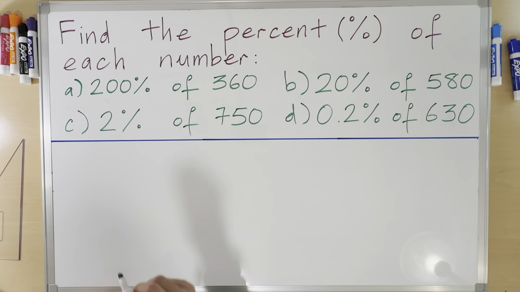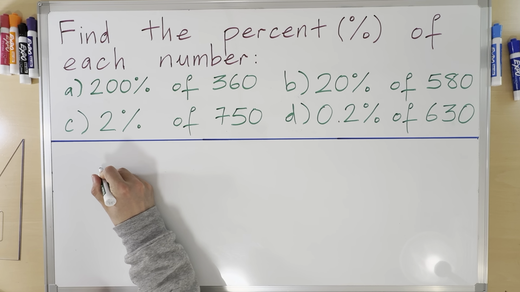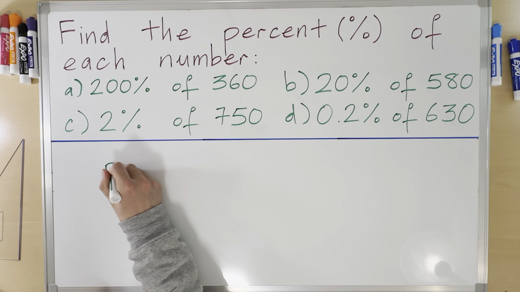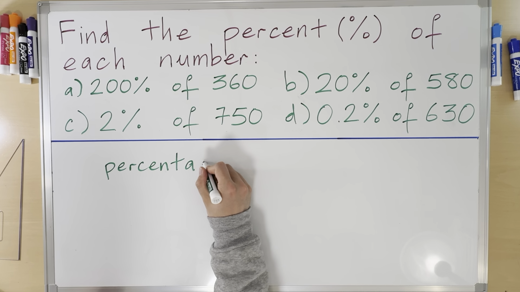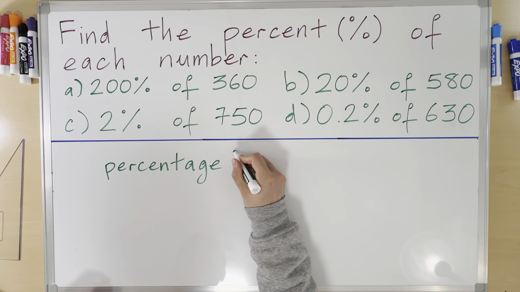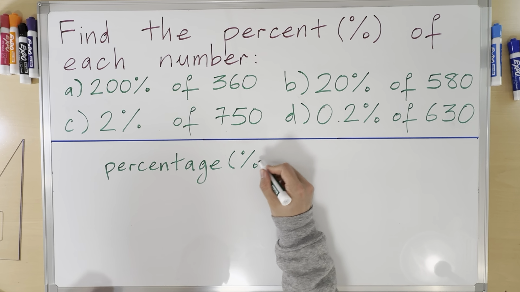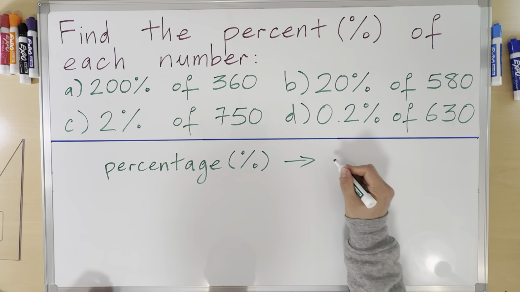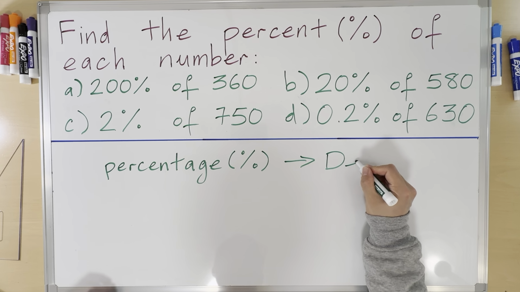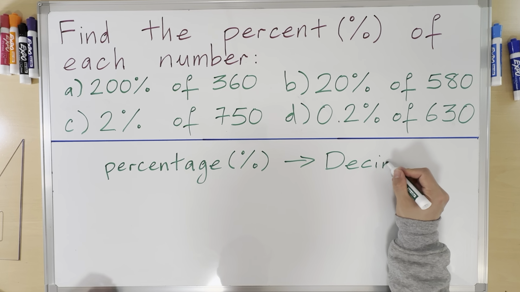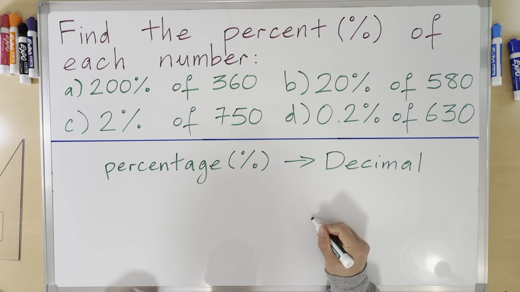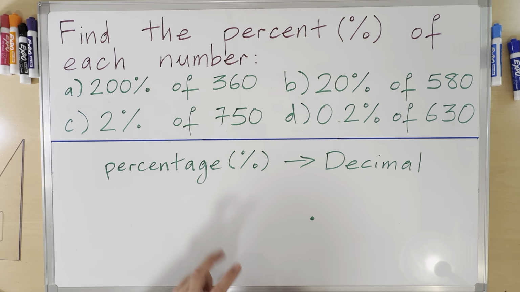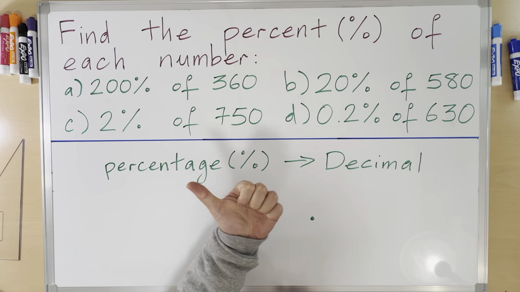As introduced in another video, when we convert something from percentage into decimal format, what we have to do is move the decimal dot by 2 digits to the left.